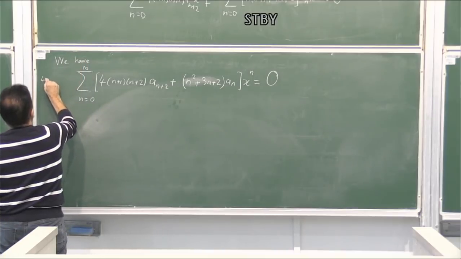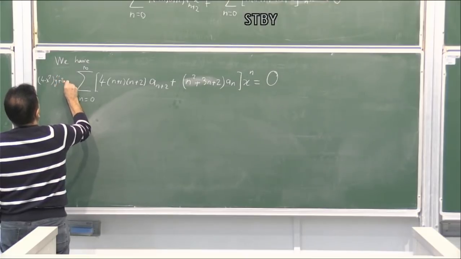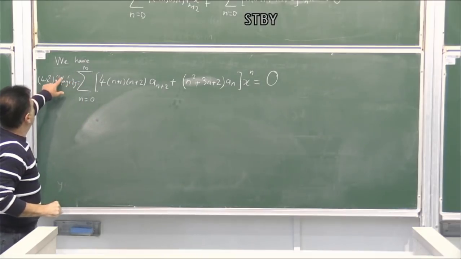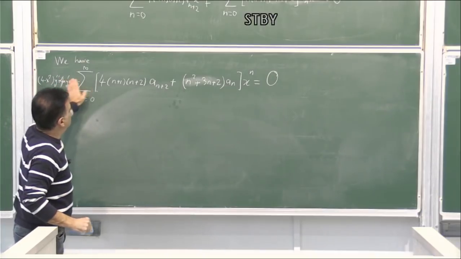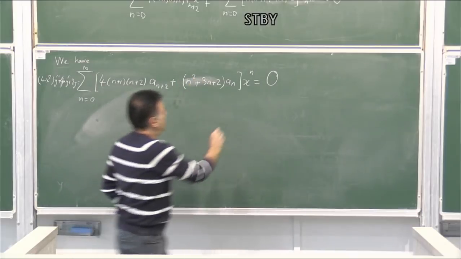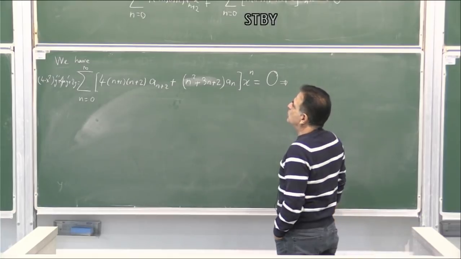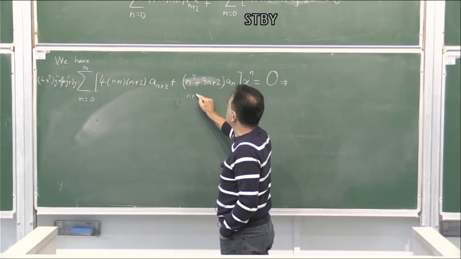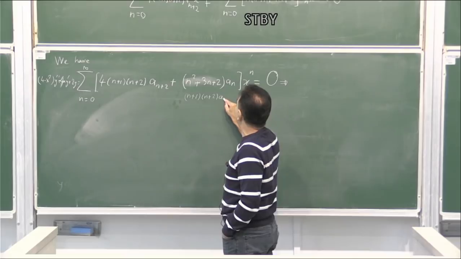This is 4 plus x squared y double prime plus 4xy prime plus 2y. Okay? I mean the left-hand side of the ODE. Good. We get that, implying the recursion. Interesting to see that this is n plus 1, n plus 2 times a n.